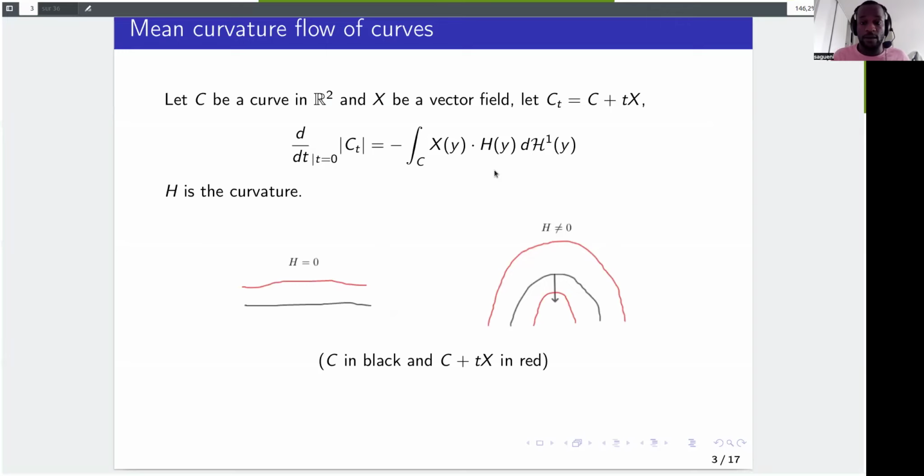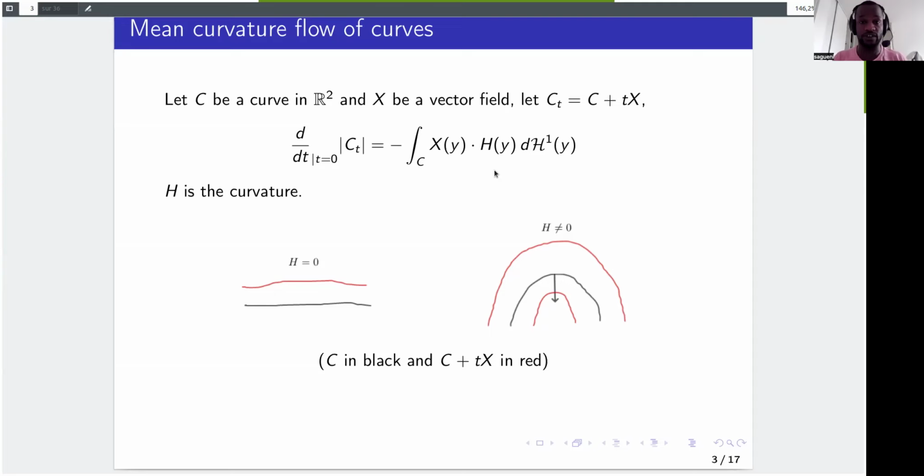So we're going to study the change of area to answer the first question. We start with a curve, a closed embedded curve in R2, a curve that doesn't intersect itself, something very nice.